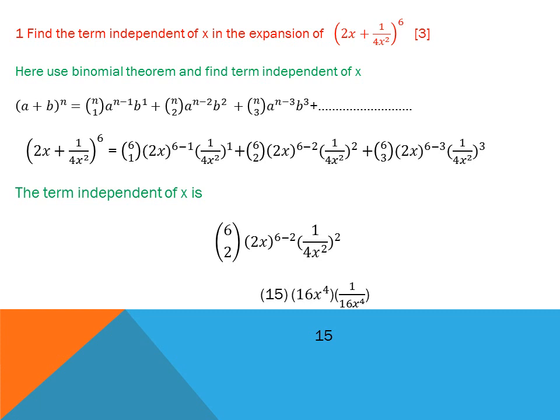I check term number 2, 6C2 (2x)^(6-2) and (1/(4x^2))^2. Here x^2 is cancelled out with x^2 and this term becomes independent of x. I simplify this term, 6C2 (2x)^(6-2) (1/(4x^2))^2, and I get that the term independent of x is 15.